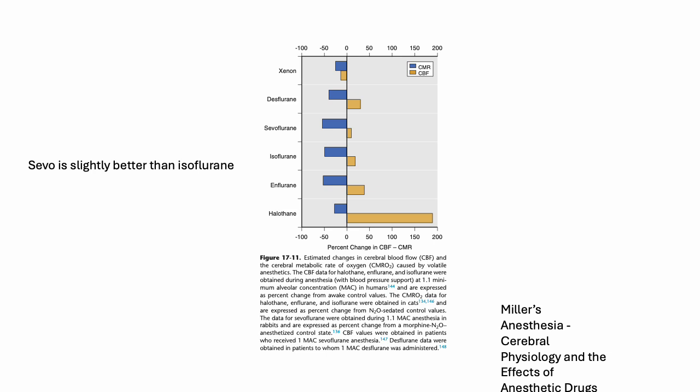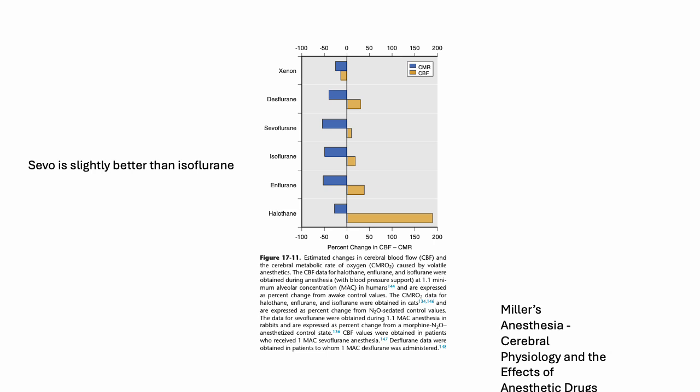So the two we have are ISO and SIVO. You can see it's not that big a difference. Slightly better with SIVO. It doesn't increase the blood flow as much, but ISO is not that far off. Which is why I don't really worry too much about ISO versus SIVO, but technically SIVO is slightly better, and people have done research showing that SIVO technically preserves the autoregulation a little better as well.